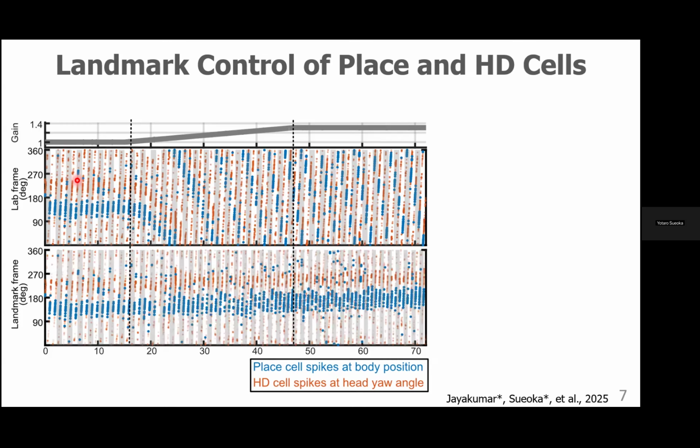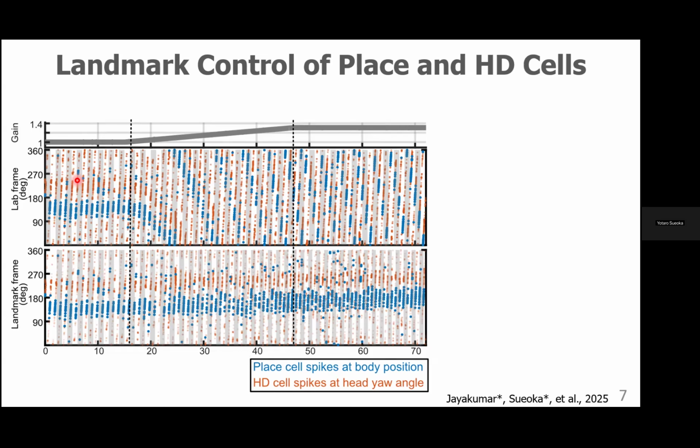Nonetheless, when we look at the firing in landmark frame, that is the firing direction or position relative to the moving landmark frame, we see that the tuning is maintained and that the cells are firing at the exact same location or direction relative to the landmarks. So this suggests a strong control of landmarks.